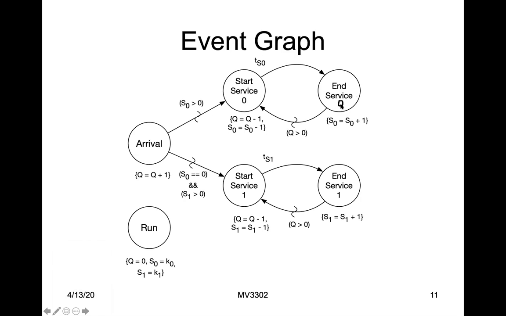And then when there's an end service at station 0, if there's somebody in the queue, then it will schedule a start service at that station with that server. And likewise, if there's a start service on the first server, it will schedule an end service with a delay specified by the service time at the first server, server type 1. And then after the end service, it will schedule a start service if there's somebody in the queue.